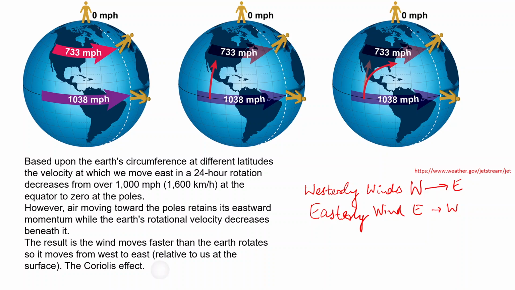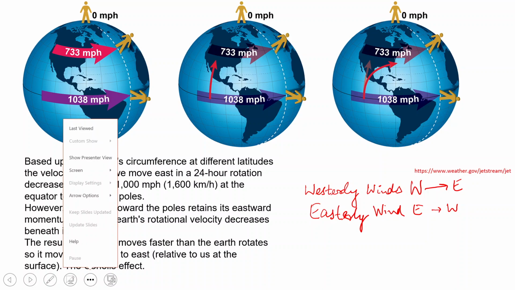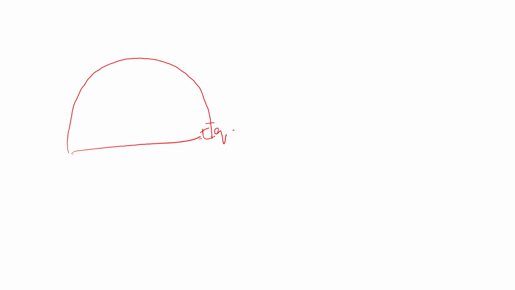Say for example, I'll show you. Let us suppose that this is equator, and an object, or let us say an air mass, is going from equator towards the pole.